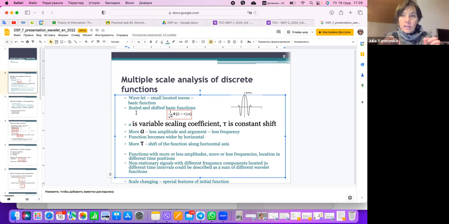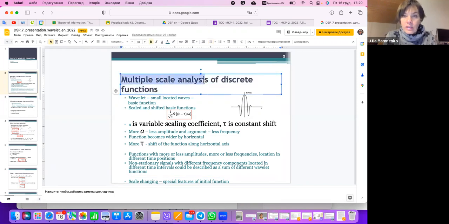So it's like a multi-tool instrument that gives us more possibilities in comparison with the traditional spectral transforms that we considered before. Here there are different variations and possibilities for investigating the original function at different scales. That's why it is called multiple scale analysis. So we analyze the function using different scales.